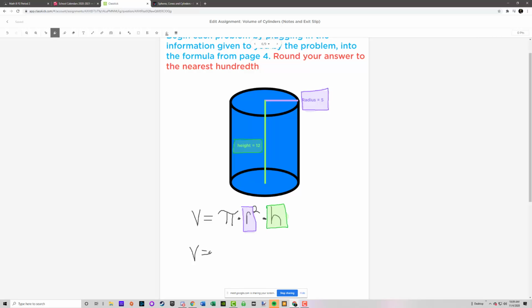V equals pi, and we'll come back to that, times, and instead of using the letter R, we're going to plug in 5. So instead of R to the power of 2, it's 5 to the power of 2. And instead of using the variable H, we're going to use 12.